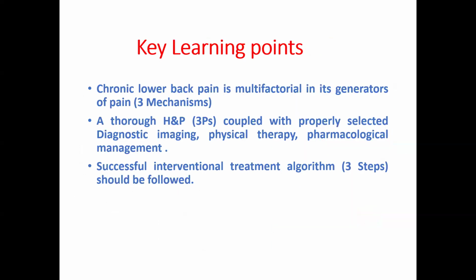All right, so what are the key learning points? Chronic low back pain is multifactorial in its generators of pain. A thorough history and physical, coupled with properly selected diagnostic imaging, physical therapy, and pharmacological management, lead to a successful interventional treatment algorithm.